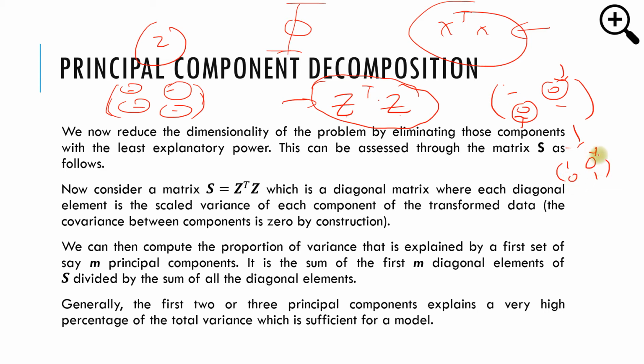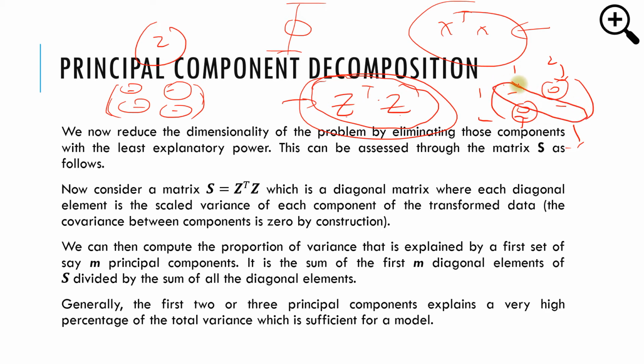But if the correlation in the off diagonal is equal to 0, it would mean that the first variable and the second variable are uncorrelated. So if they are uncorrelated, it means that the covariance is 0. So covariance of 0 means there is no correlation between the first and the second variable. So this is what we expect: if we do Z transpose Z, we will have the off diagonal be 0. But what is of interest to us is the diagonal.